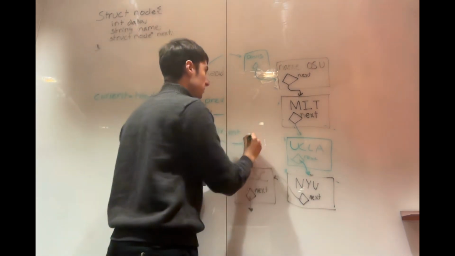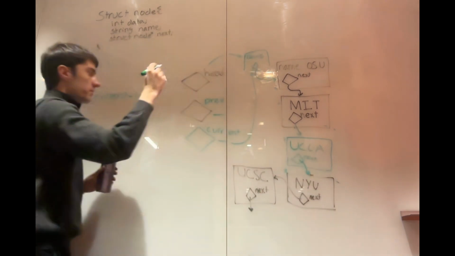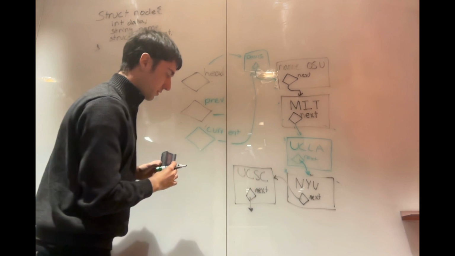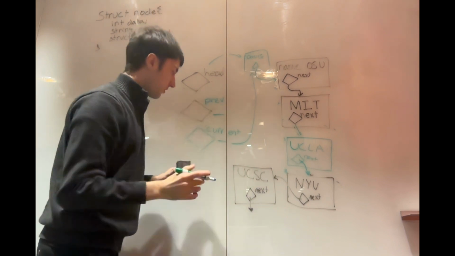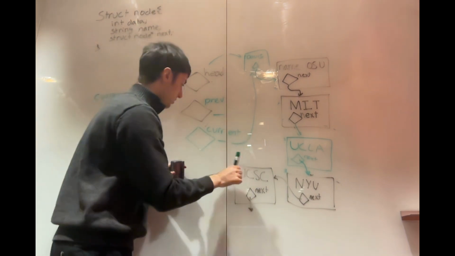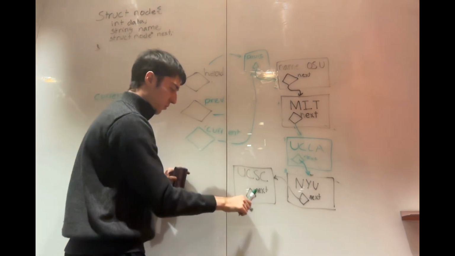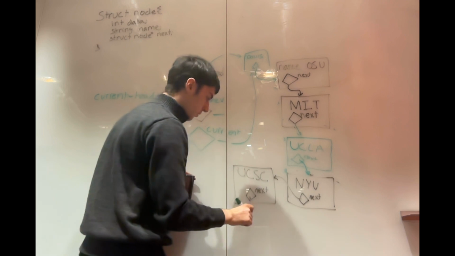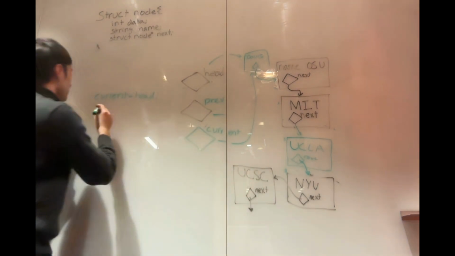So current, head, and then do we need a previous in this case? So let me think about this, right? So let's see. I said we wanted to add, right? So I don't think we do.